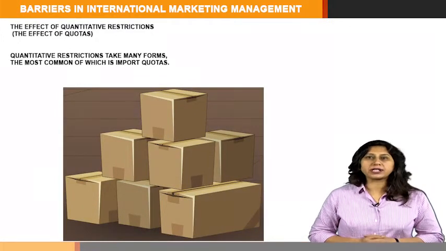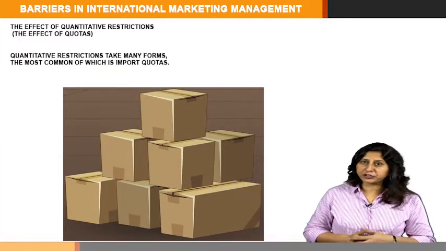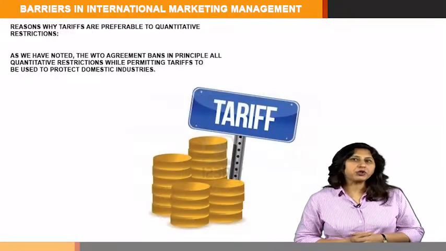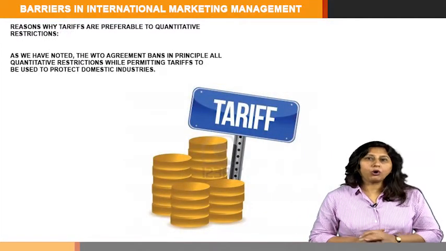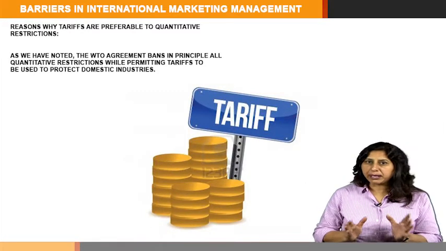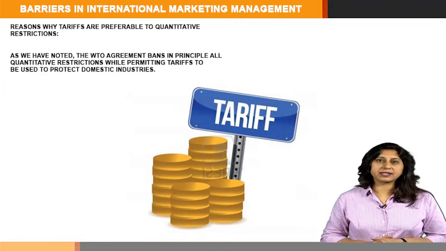The cost of quotas to importing country governments is therefore higher than the cost of tariffs. As we have noted, the WTO agreement bans in principle all quantitative restrictions while permitting tariffs to be used to protect domestic industries.